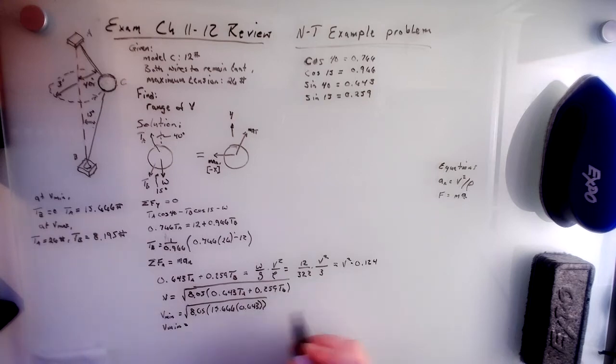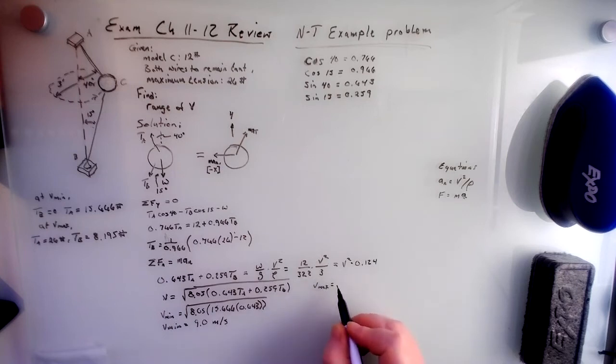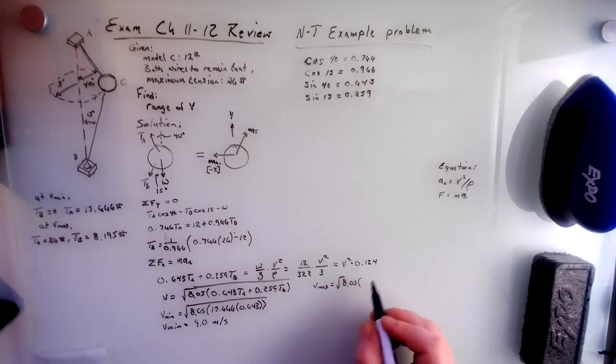All right, and here I get V min equals 9.005. So I'm just going to go with 9.0 meters per second. Likewise, V max. Same thing, 8.05 times, what we got now?